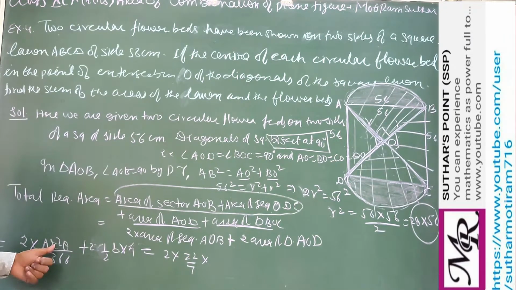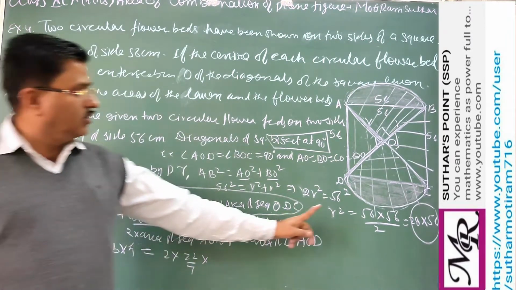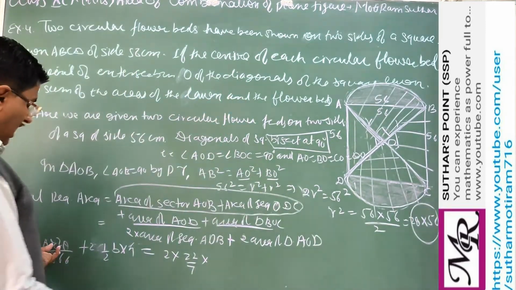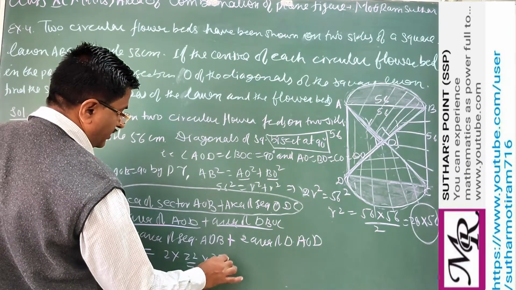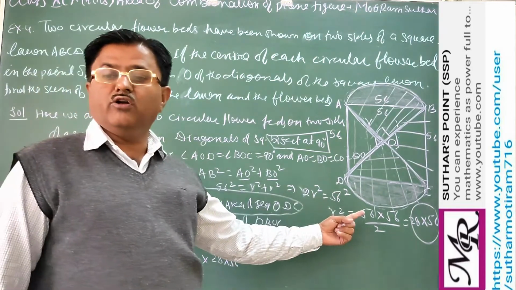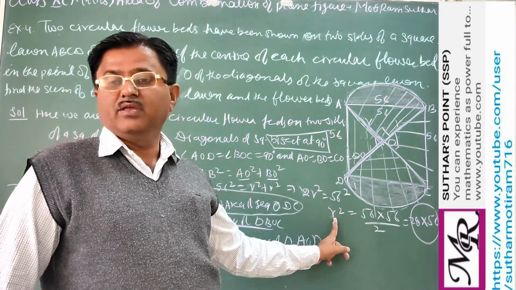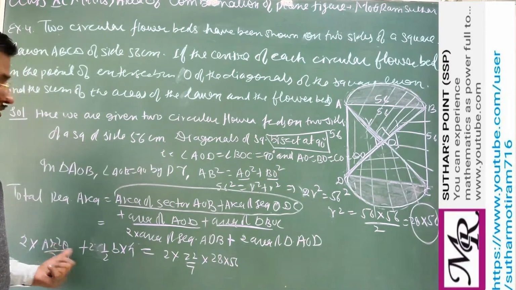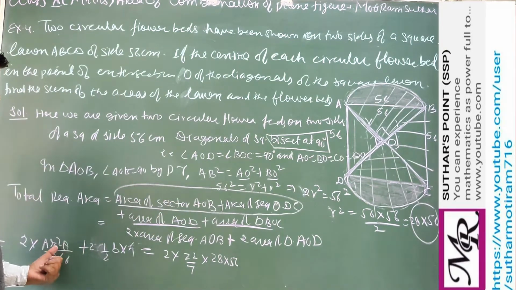Now see very carefully, dear student: what is the value of r square? 28 into 56. So directly write r square as 28 into 56. For easy calculation, we are not finding the value of r, because we need only r square. There is no requirement of r alone. That's why we are writing it.